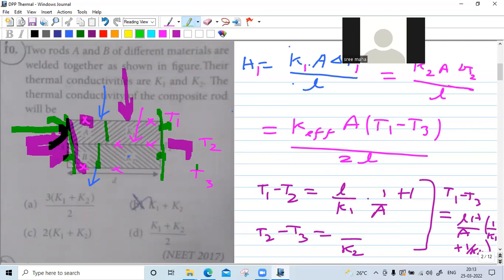Top to bottom is the same area, right? The area here is the same, the area here is the same. The area through which the heat is flowing is the same. So when you have a current carrying wire, the cross-sectional area is the same, right?